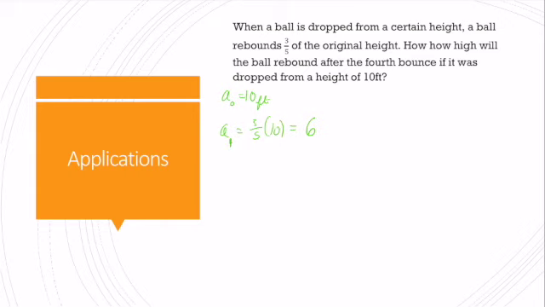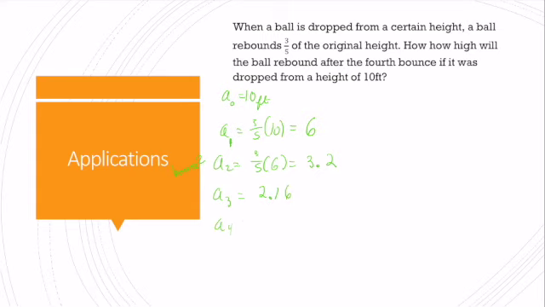So I want to know what it's going to be after our second bounce. Okay, so I'm going to take a sub 2. This is our bounce 2. That gives me 3/5 times 6, which gives me 3.6. For my third bounce, I'm going to get 2.16.